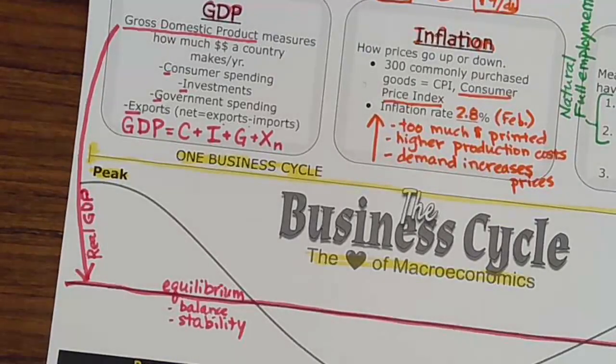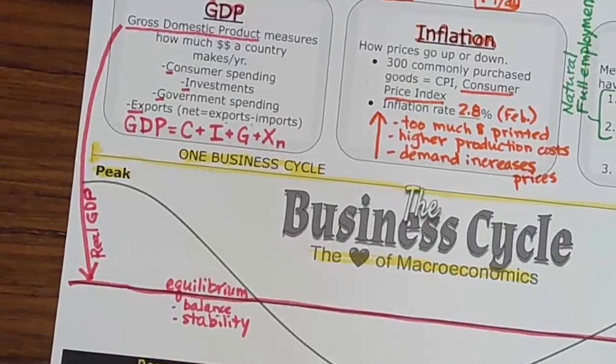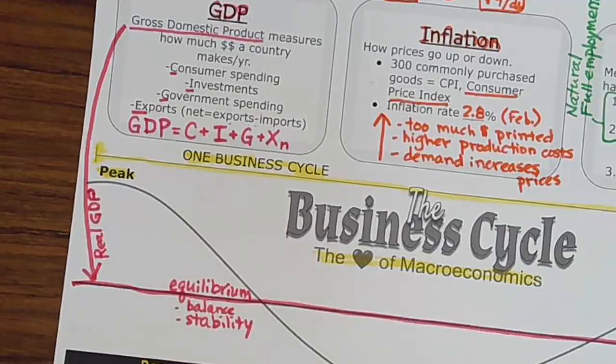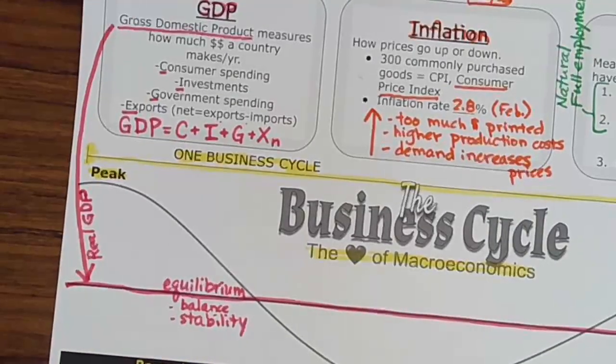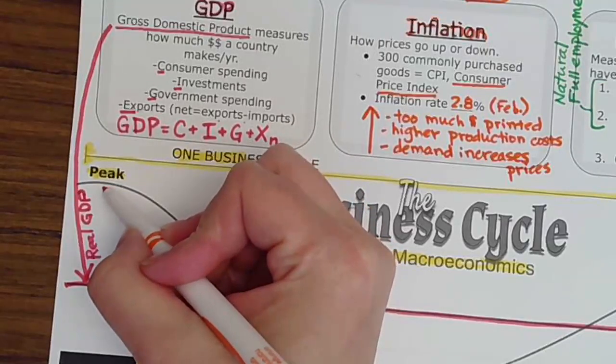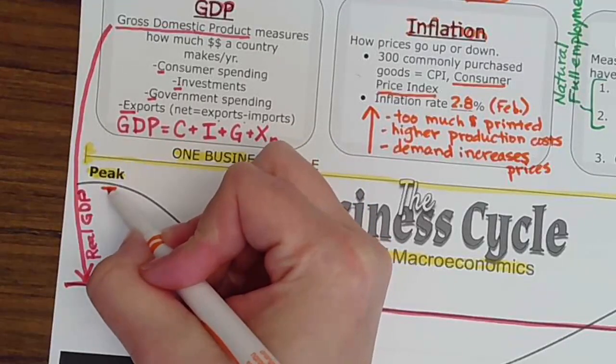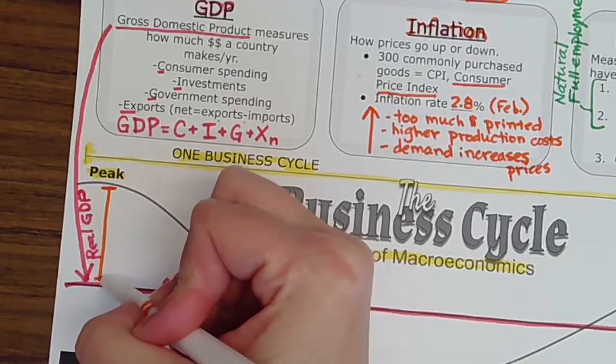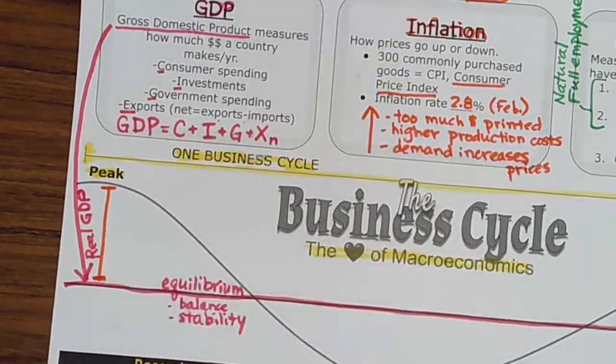And you have that. Please grab your orange marker because we're going to look at how inflation looks in the business cycle. Okay. So I'm actually going to show where inflation is. It does happen at our peak. At our peak, when our economy is doing well, there's inflation actually.